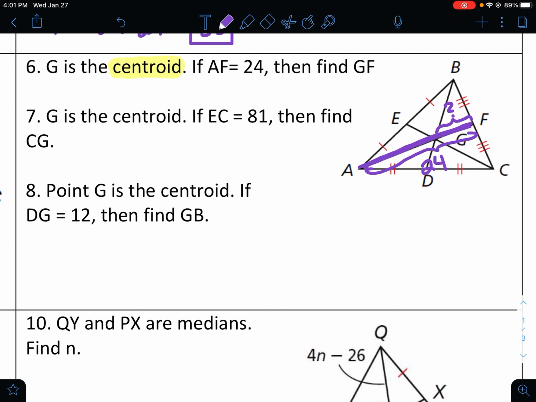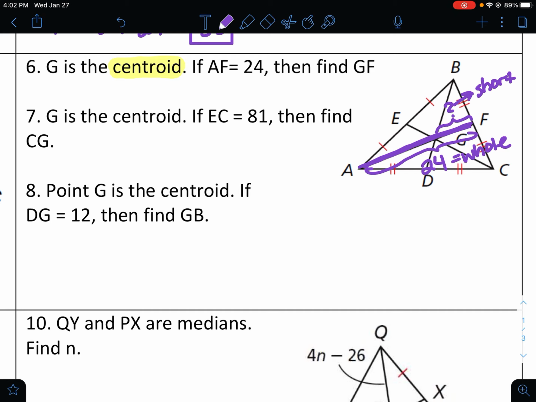Now, if you look on your list that I gave you of all the equation types for centroids and medians, you will see that we have a long part over here that we don't really care about for this problem. And then this missing part is what we call the short part, and then 24 is the whole thing.